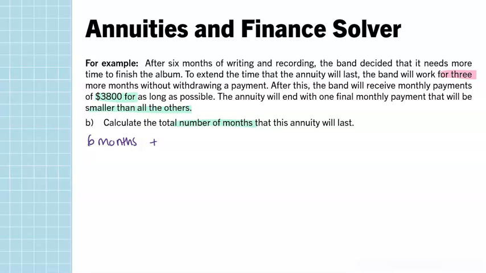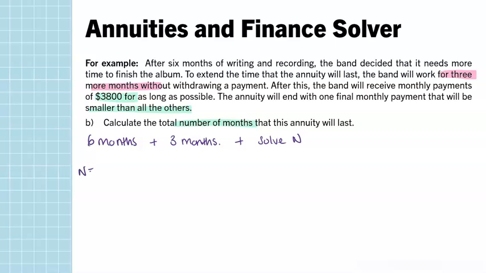The band will work for 3 months with no payment, so the balance will remain stable. So we can add 3 more months there. So now we need to add on how much longer this will last if they're also withdrawing payments of $3,800. So we're going to solve for N.